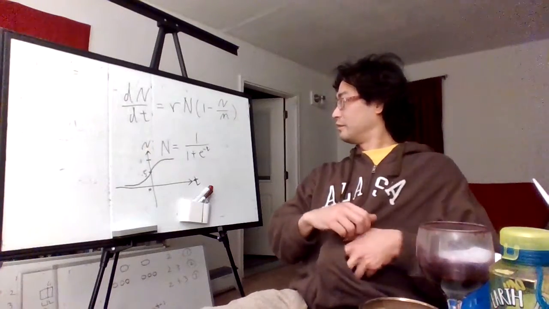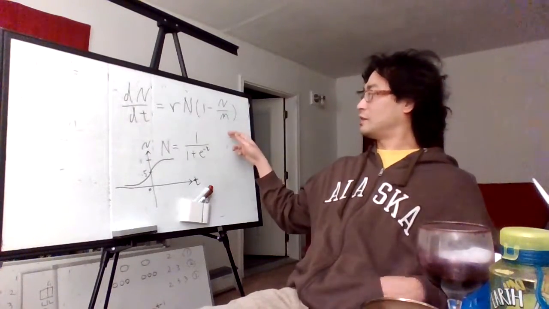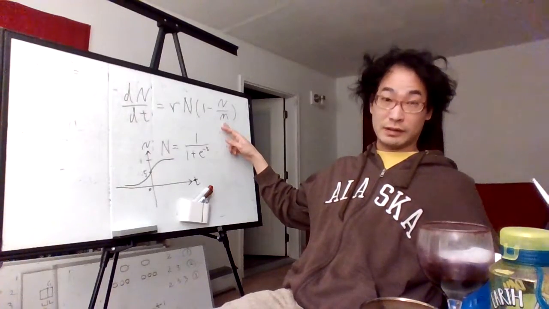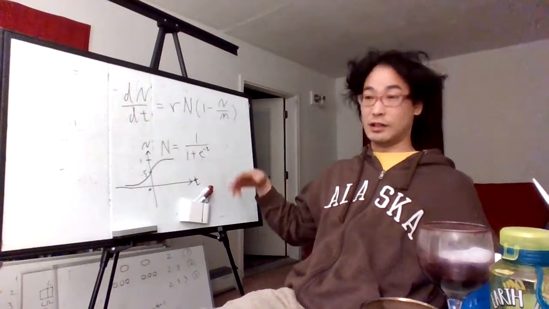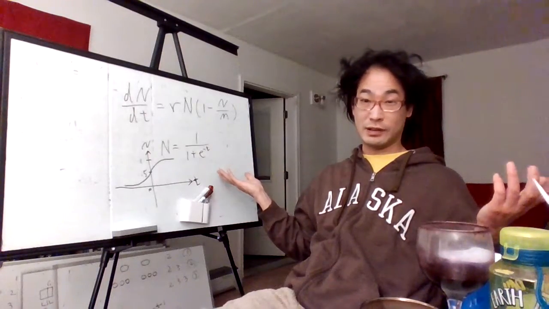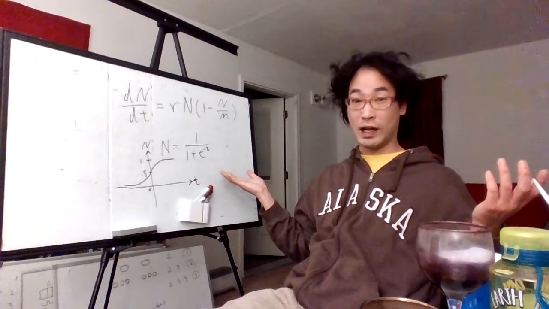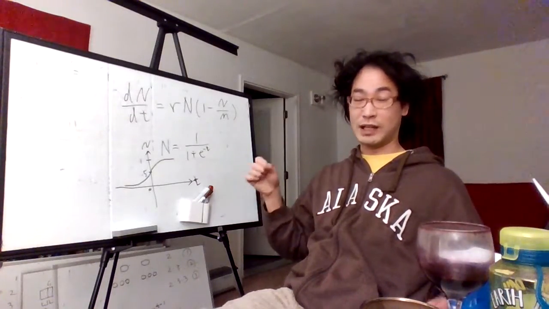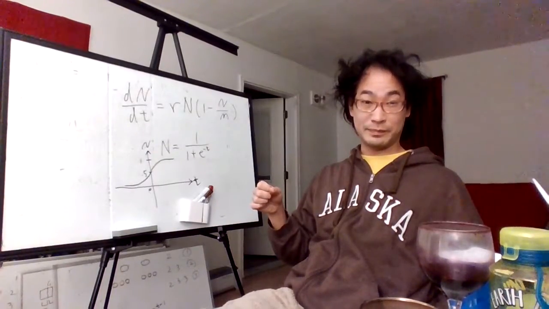Very interesting. If the maximum population is infinity, like there's no finite resource, space is infinite. Why? Because the species we are talking about is a very tiny, small bacterium.